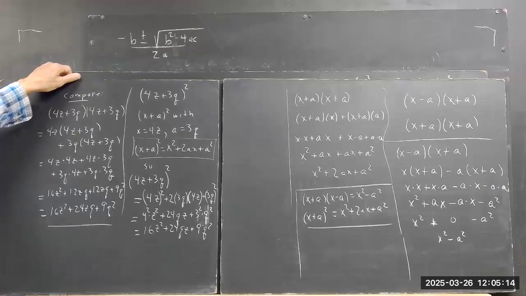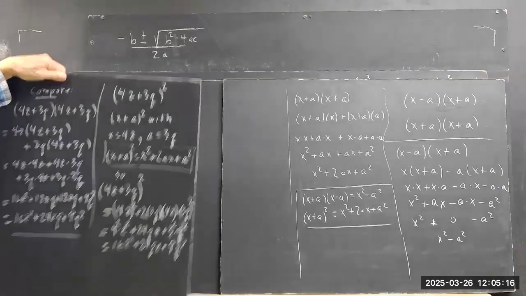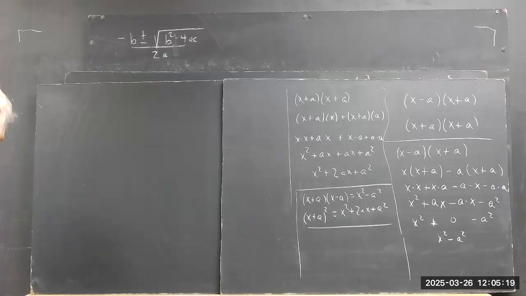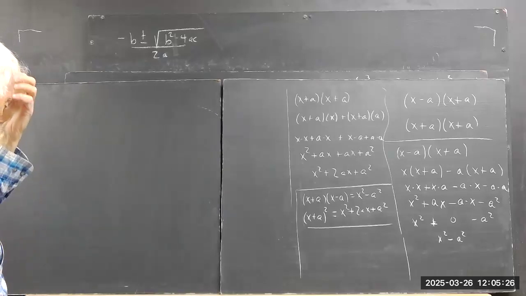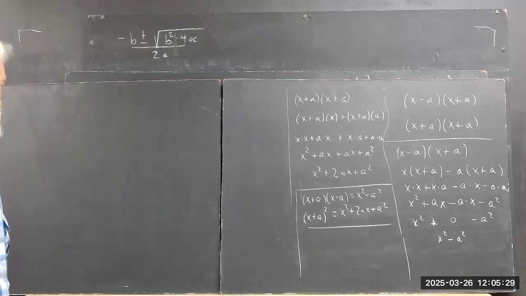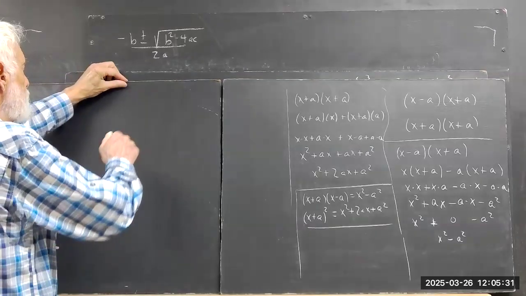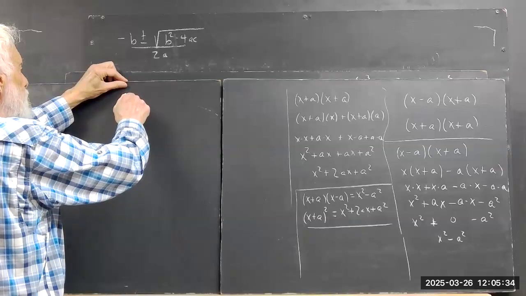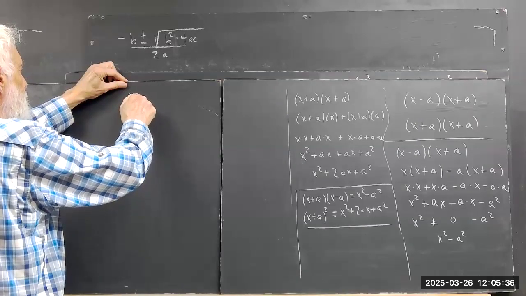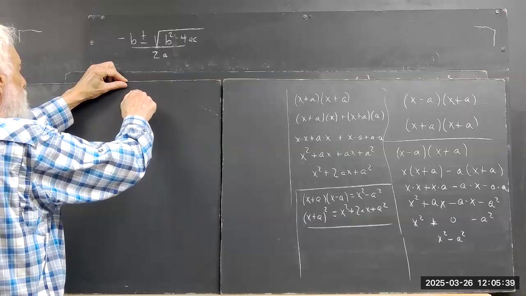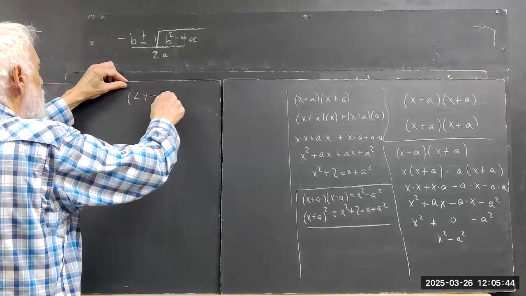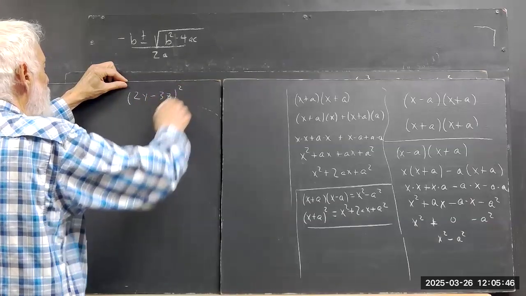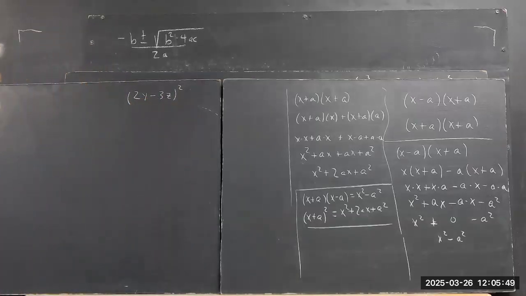Yeah, so let's just look at a couple more examples. So we want to do 2y minus 3z squared.